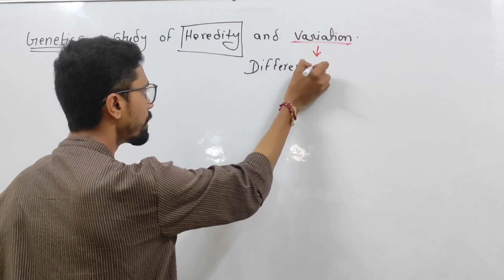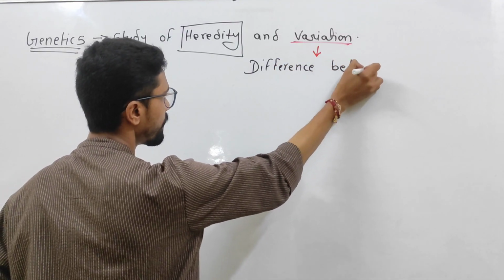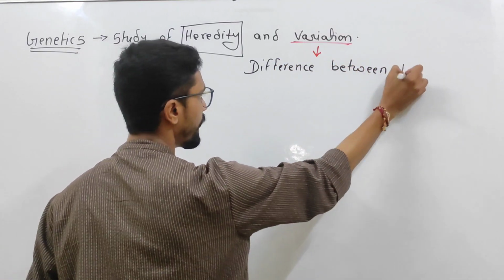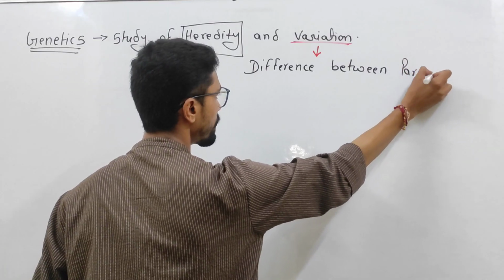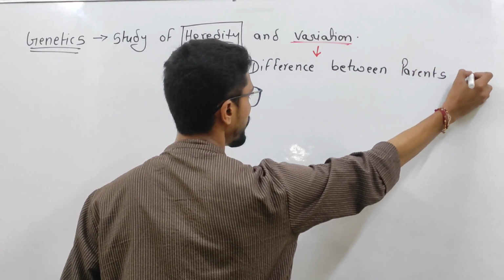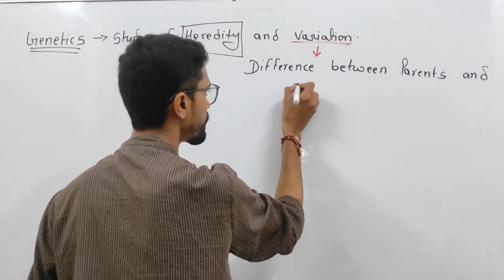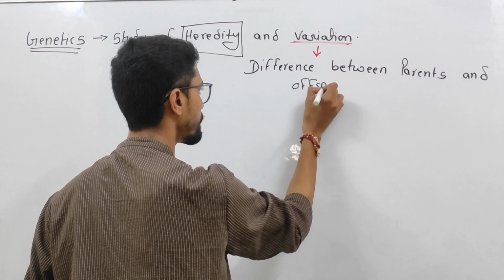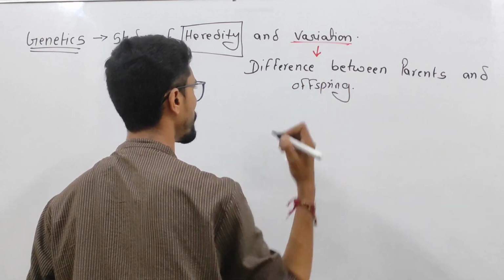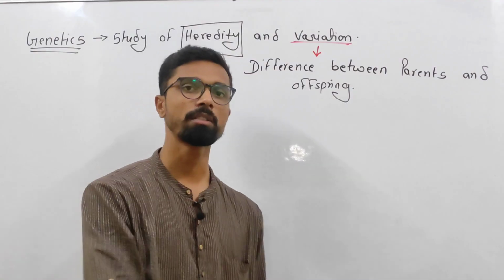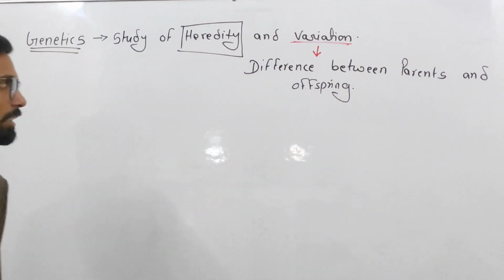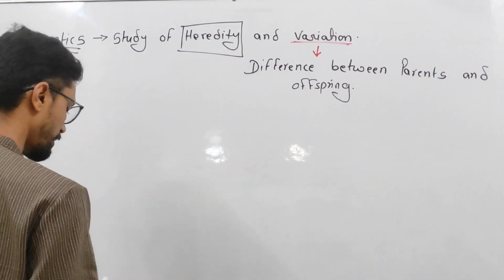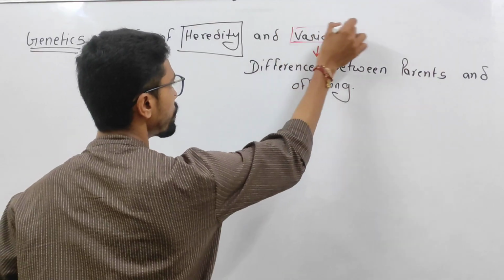Difference between parents and offspring. Offspring means the child, or the next progeny. That is considered a variation.